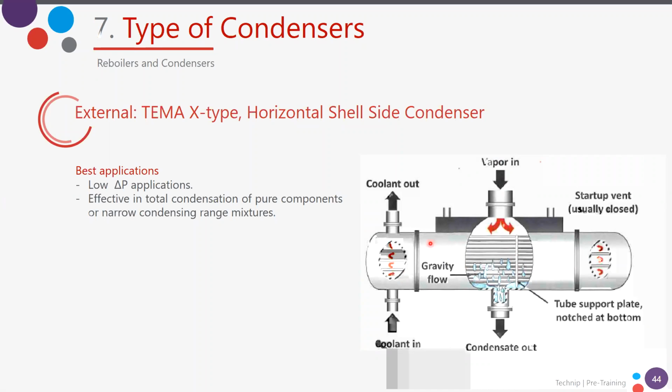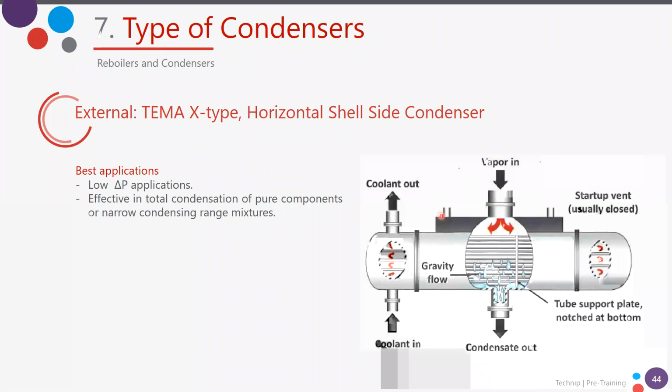So our vapor is not flowing along the tube bundle. Our vapor will be going down through our tube bundle. That way, the velocity is very low compared with J-type or E-type. And since the velocity is very low, we also have a very low pressure drop, which is good for vacuum systems, vacuum condensers.